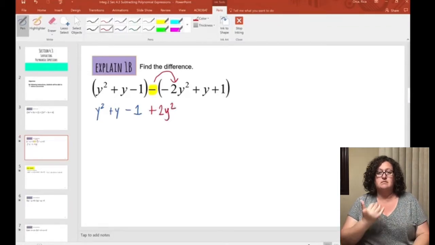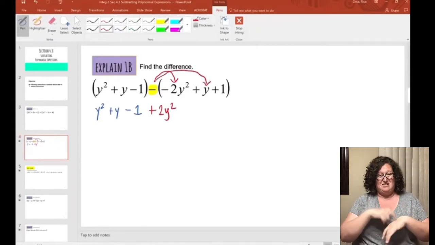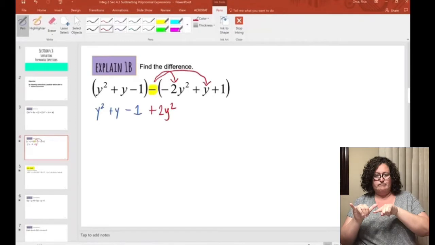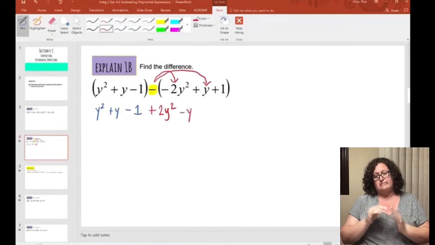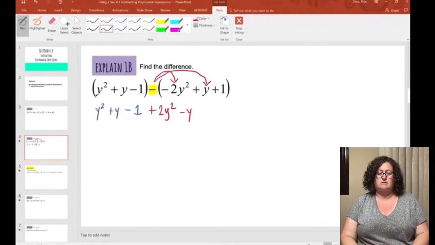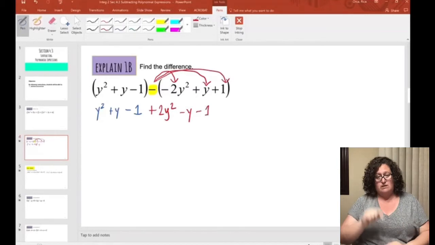Okay, now let's go ahead and distribute the negative again, but this time to y. The negative times y, well, a negative times a positive is going to be a negative. That's negative y. And finally, the negative times 1 is negative 1.